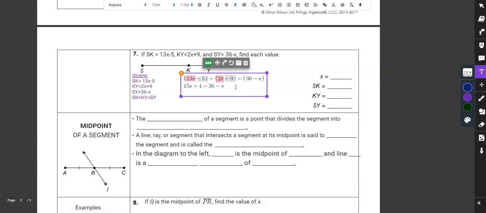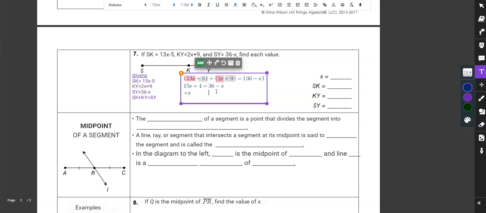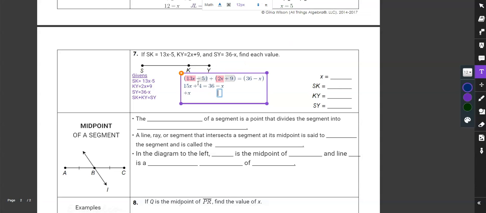All right, so I am going to add x to both sides because that is going to be the most logical decision, mostly because it's easier than doing the 15.